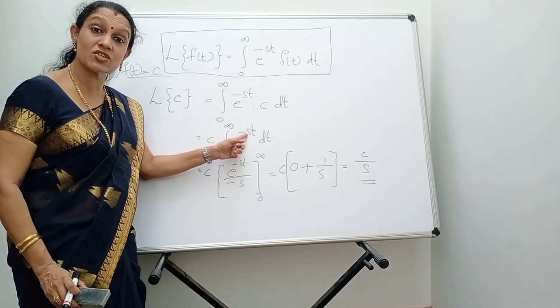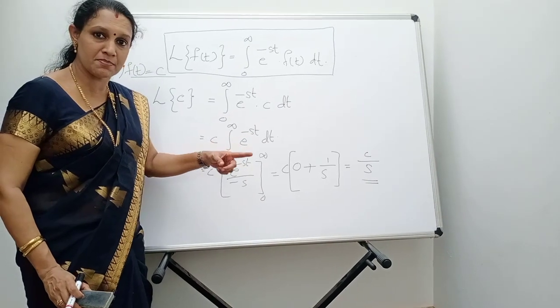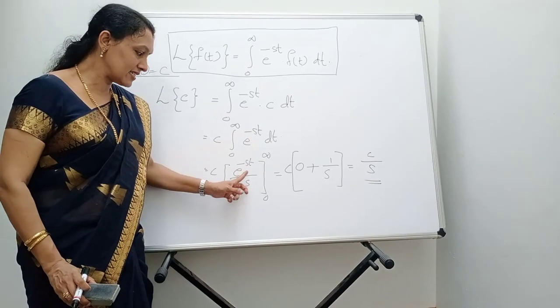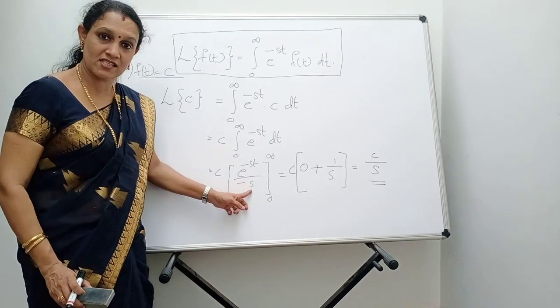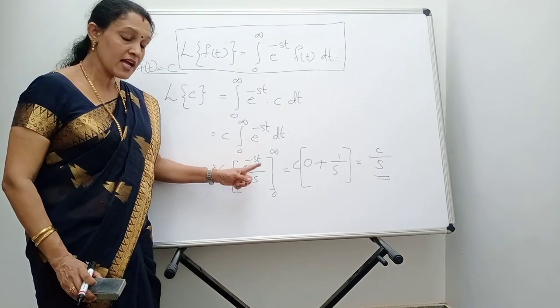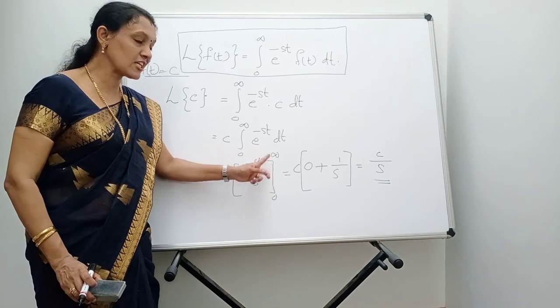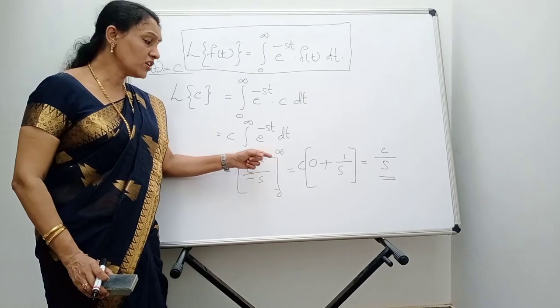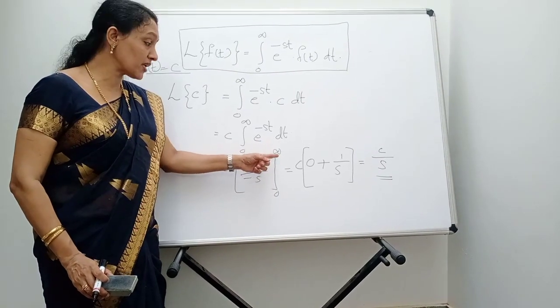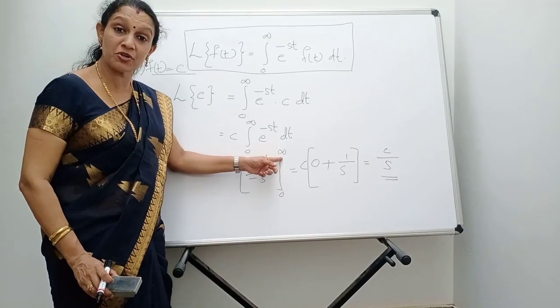Coefficient of t we should divide in integration. Okay, remember that. So, divided by minus s. This is the integral. Now you put the limit 0 to infinity. And what is happening when we are substituting the upper limit? You put t is equal to infinity.